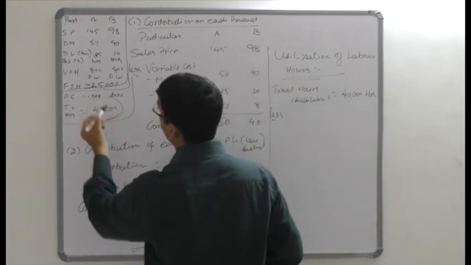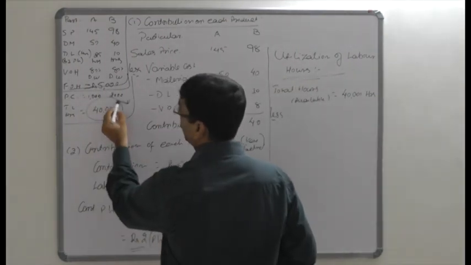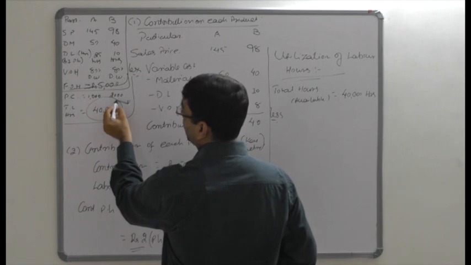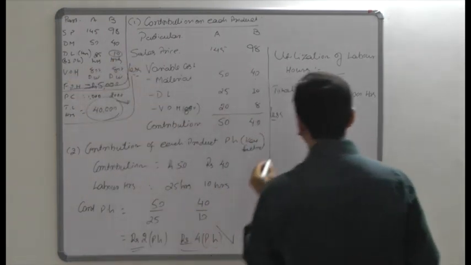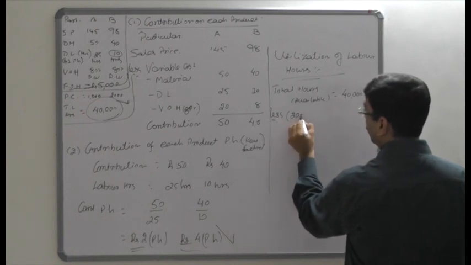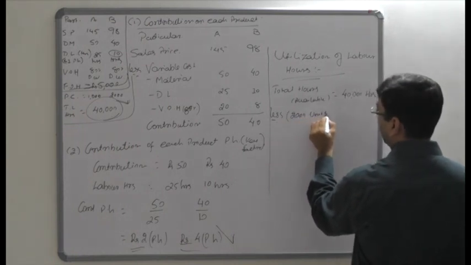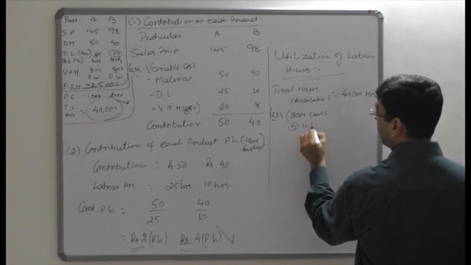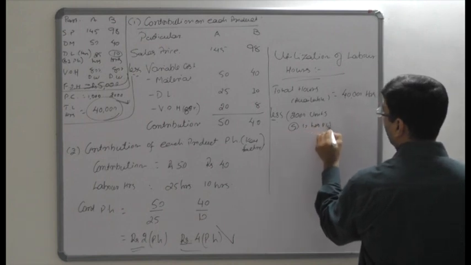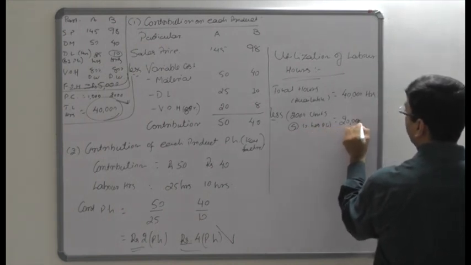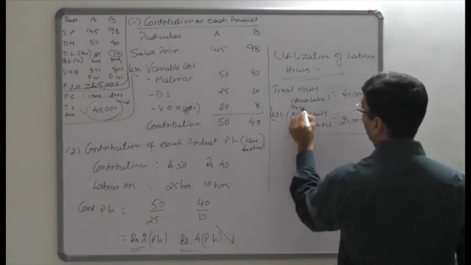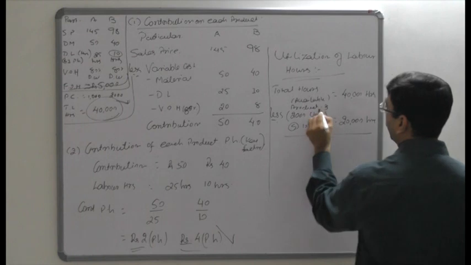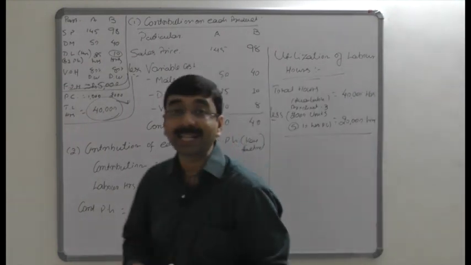How many units are supposed to be manufactured in product B? 2,000. 2,000 units are manufactured, and per unit how many hours are required? 10. So 2,000 units at the rate of 10 hours per unit needs 20,000 hours for production of product B. So for product B, the company needs 20,000 hours.